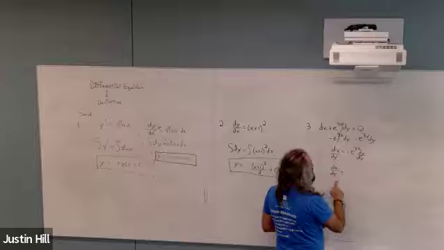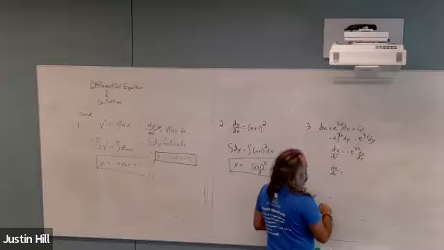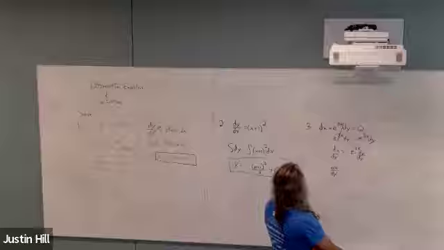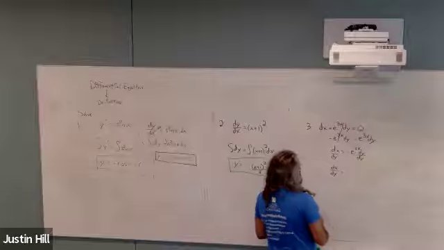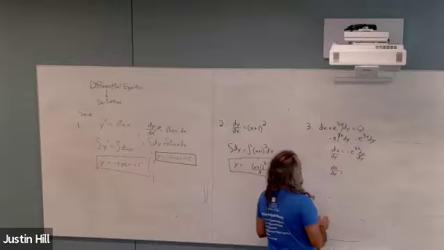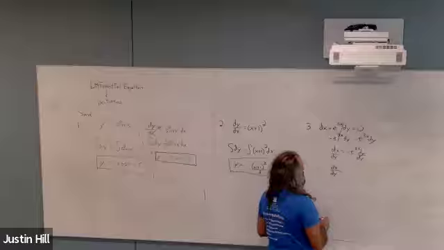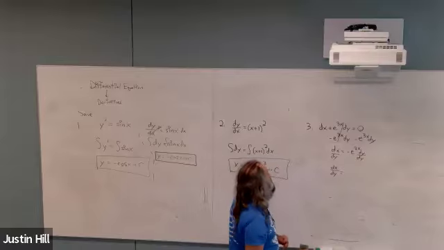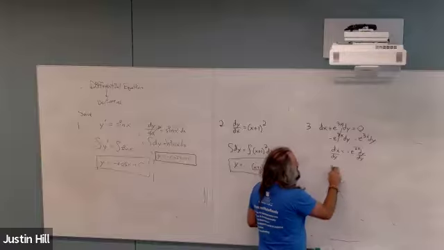We have a derivative of x though, so it's actually upside down. What I'm saying here is I would like to solve for y, so I would like this to be dy dx instead of dx dy.